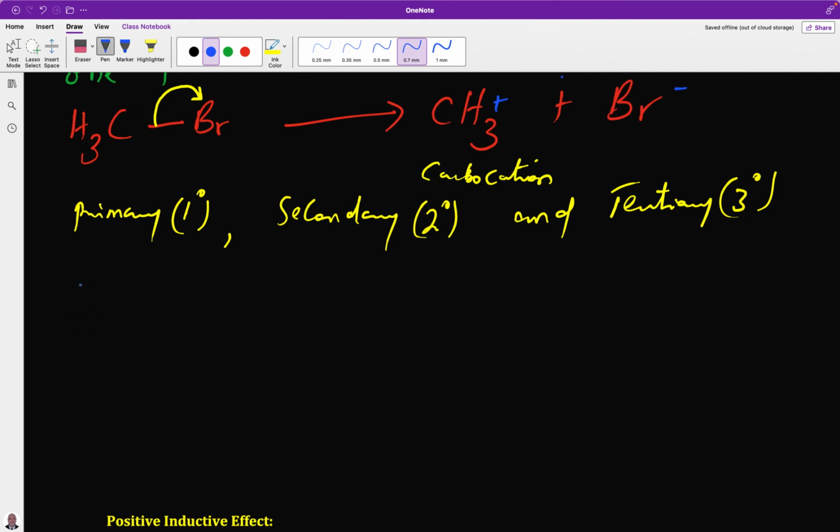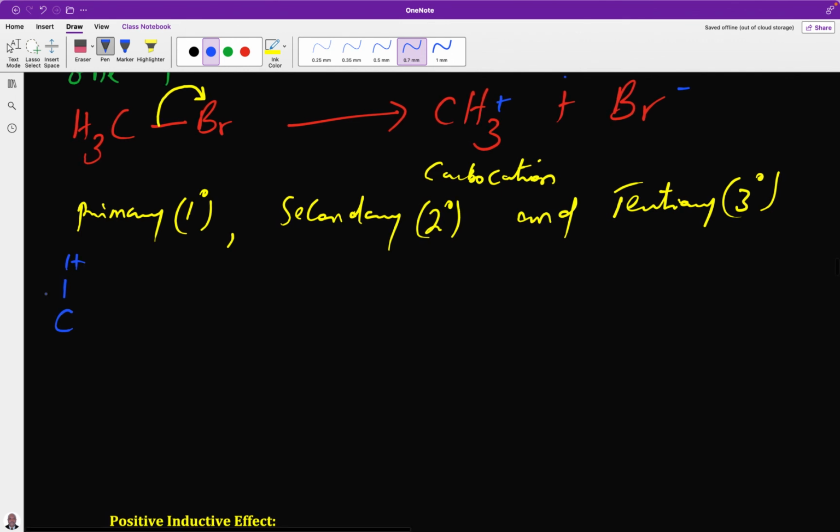Let's say for this molecule, this molecule will result in substituting the hydrogen atoms attached to this carbocation. If one alkyl group substitutes one hydrogen, we will have what? We will have a primary carbocation.